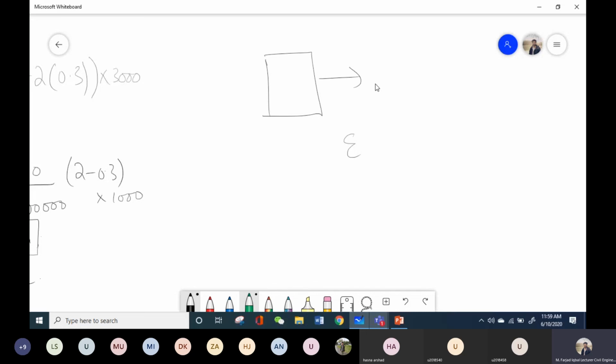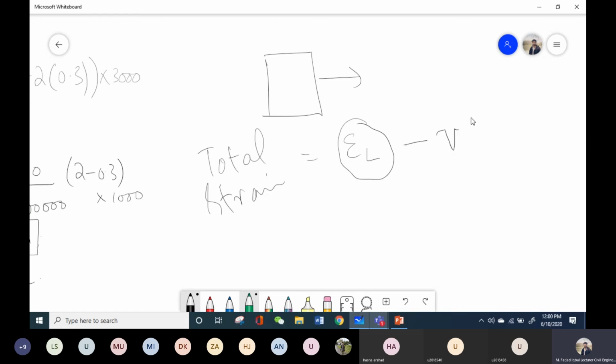Due to that force, the stress is produced, and due to that stress, the strain is produced. So when the force is applied in one direction, there will be small strains produced in the other direction as well. So originally, let's say in the longitudinal direction, the strain produces this one, but the total strain in the longitudinal direction will not be this one. It will be reduced by a certain factor due to the strain being produced in the other direction.